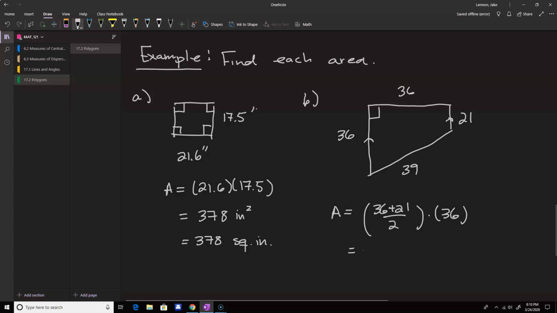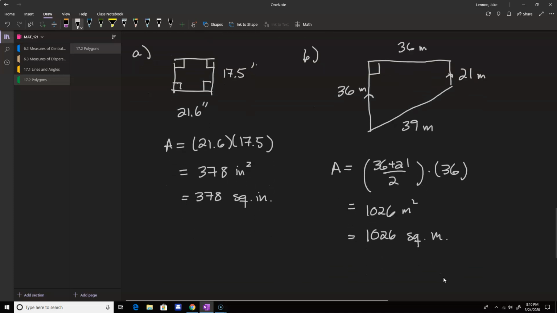I didn't include any units here, but let's go ahead and do some in hindsight. Let's say these were all meters. Then the units of the area would be square meters, or as we said before, we could write those as SQ period M period. So both of those you will see.